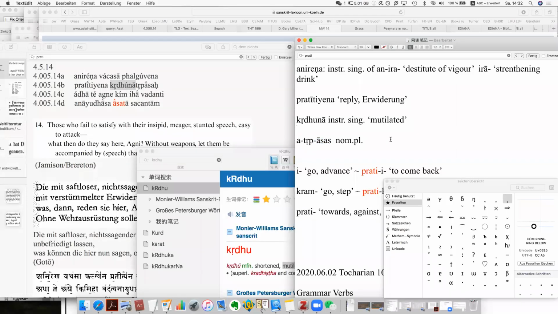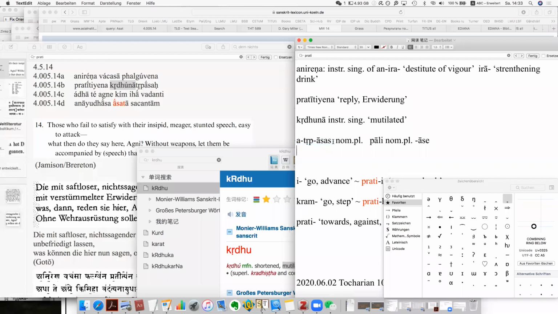It's just like in Pali, because in Pali you also have a nominative in ase, right? So this is related to this asas. Yeah, dhamase.